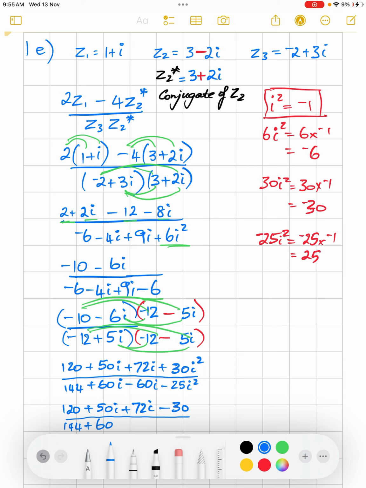You can see this is going to cancel, so I'm just going to leave that out and change negative 25i squared into plus 25. Let's see what we've got up here. 120 take away 30 is 90.